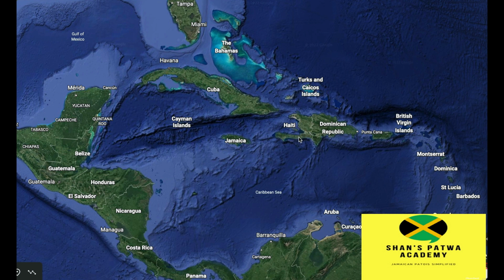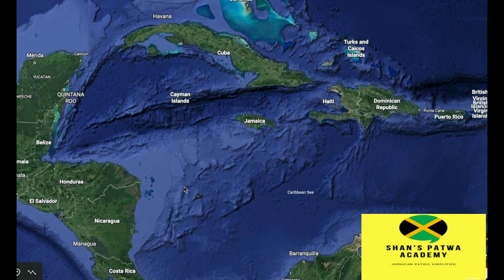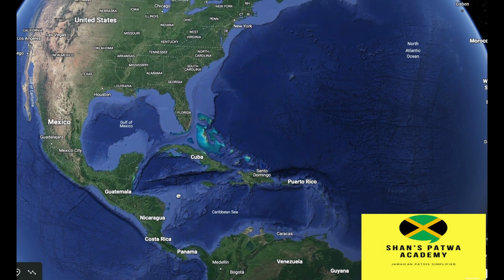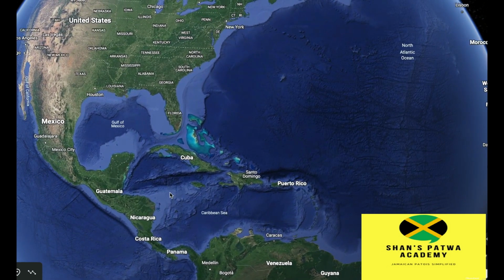And then Haiti speaks French, and these are the closest neighbors to Jamaica. So this is where Jamaica is. So the next time somebody asks you, or if you meet a Jamaican, you don't have to assume that it's in Africa. You can just say, oh, I know where that is. That's near Cuba, right? Or you can point it out on the map.